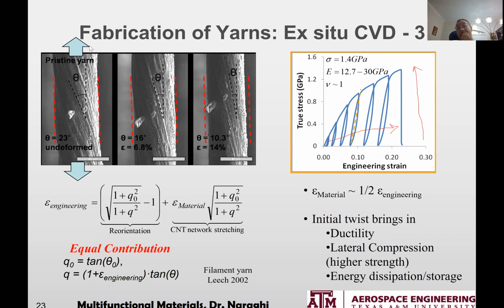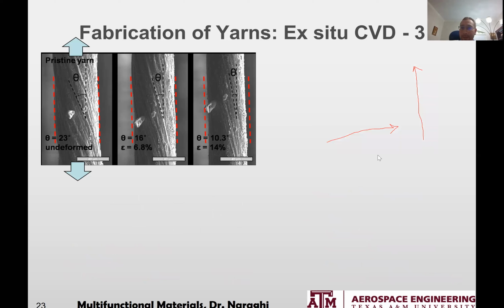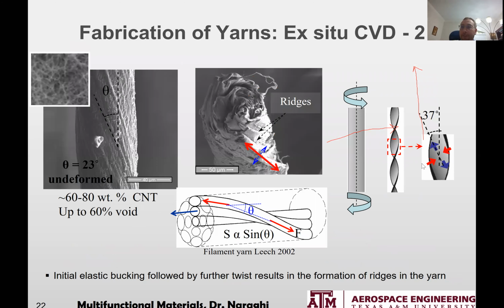Both of them contribute to this high strength. So basically, this buckling reduces the stiffness in this direction. So now this guy can much easier reorient, and then get stretched a little bit as well.